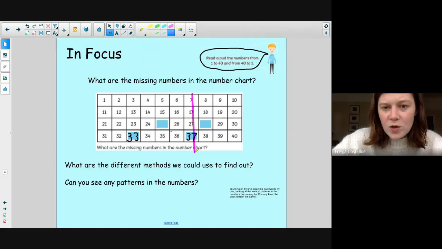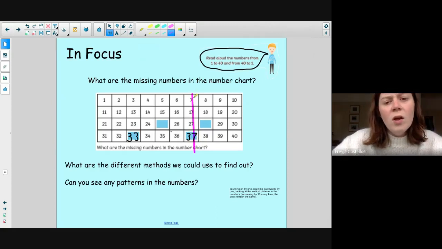What do you notice? We have got the same number in the ones column, haven't we? Here we're starting off with 7. When we reach 17, we've got a 7. When we reach 27, we've got a 7. When we reach 37, we've got a 7.